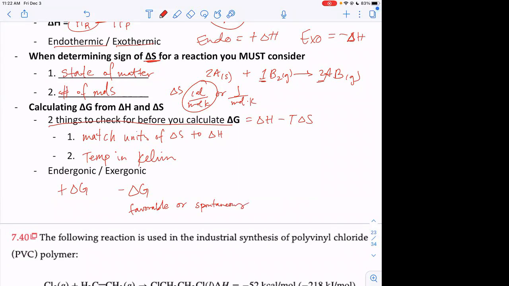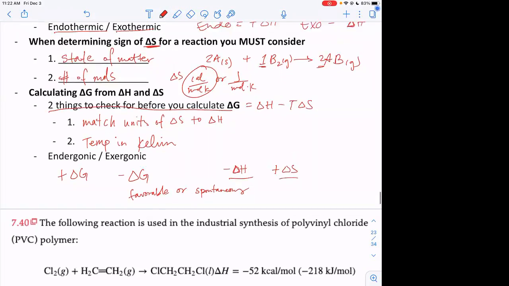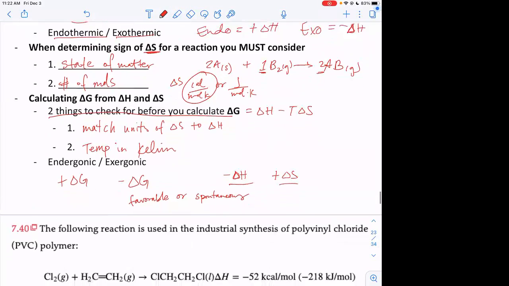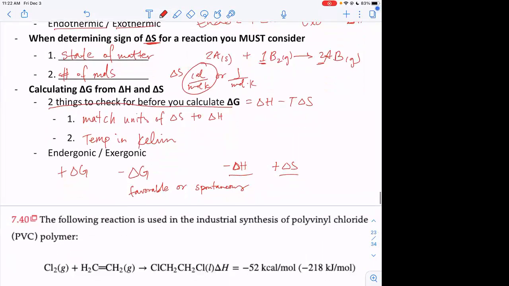And remember, this is always given to you: if you have a negative delta H and a positive delta S, these are favorable. If you have both opposite, positive delta H, negative delta S, that's both unfavorable. You'll always get an endergonic reaction. So it's exothermic and a positive delta S, increasing disorder, that is favorable.